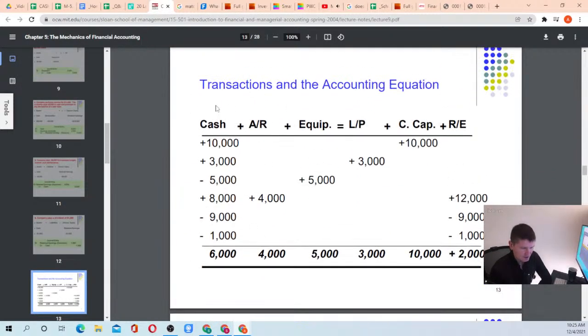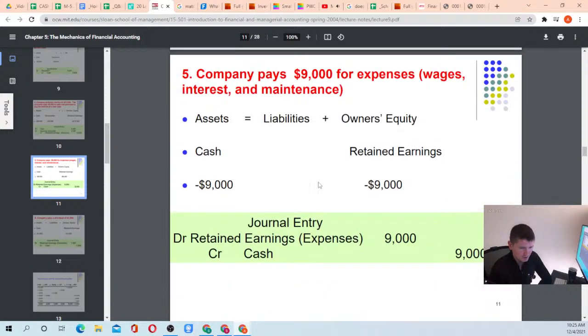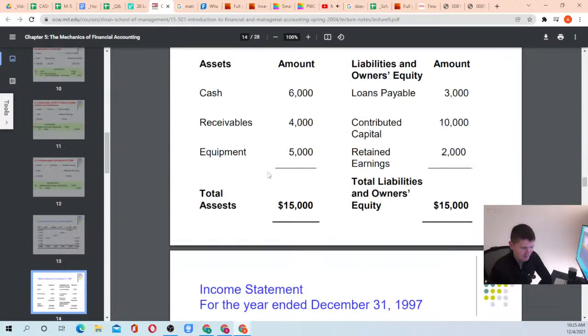Okay, so that's all summarization. So we have 9,000. What was 9,000? We pay 9,000 for expenses, and we paid it with cash. So basically, with no changes in balances, this will all go through the income statement.